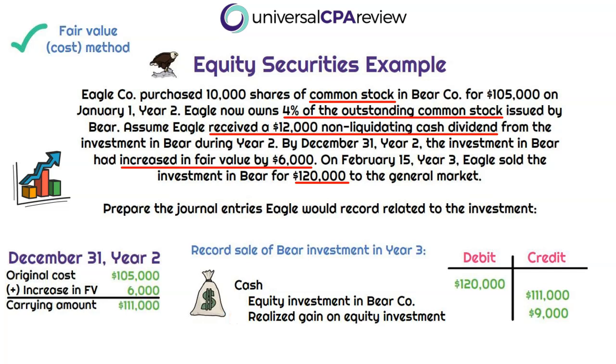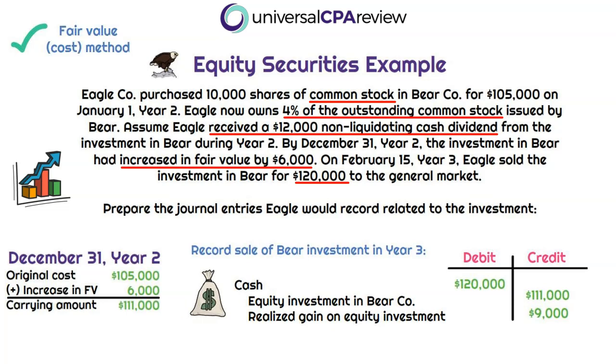And you're saying, well, wait a second. They initially purchased it for $105,000. Well, yes, but that $6,000 that was unrealized, that's already in the income statement. So if we included it again, we'd be double counting it. So we only need to take the difference from what the balance would have been at December 31st, year two, which was $111,000.